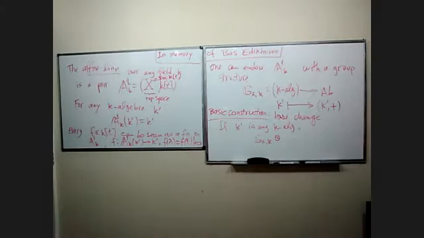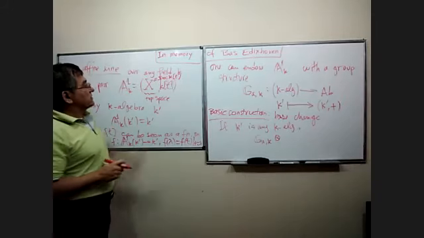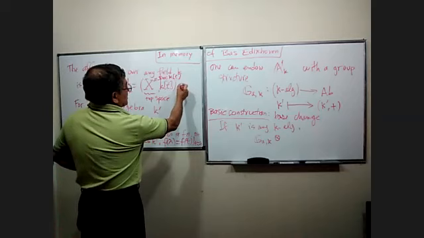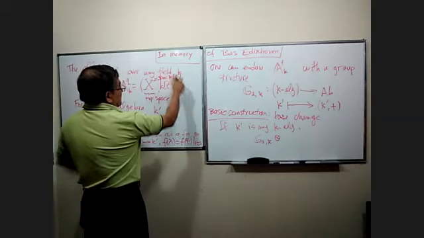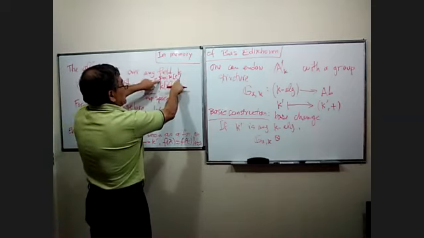the affine scheme defined by the polynomial ring. As a scheme, it's Spec K[T].